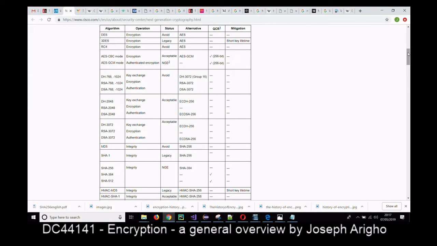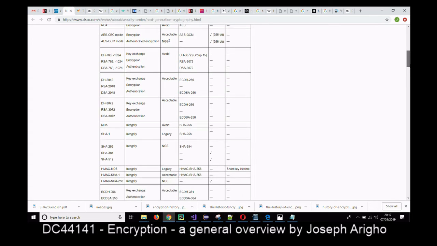There's a number of them like that. You can see SHA-384, ECDH, which is the Diffie-Hellman methodology and runs on elliptic curves, but it's quite complicated, so we won't get into it. So you can see there's a large number of choices you have.